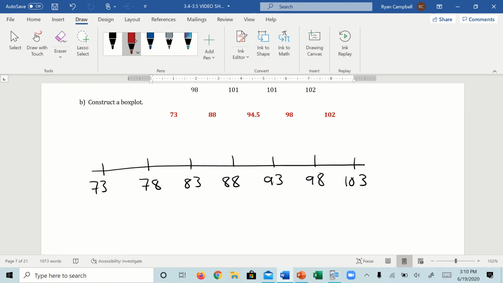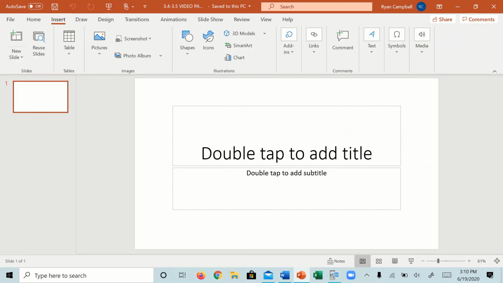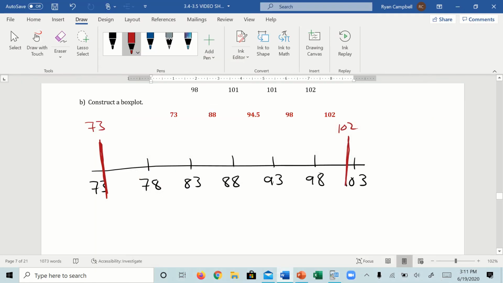All right. Well, 73 is right here. So we got our minimum. You can even write the 73 there if you want to just make sure everyone knows what you're talking about. 102 is going to go right before the 103. And then we have 88 and 98, right?